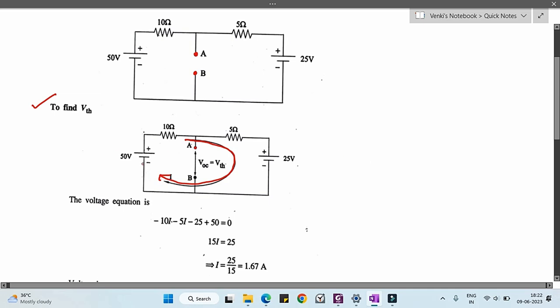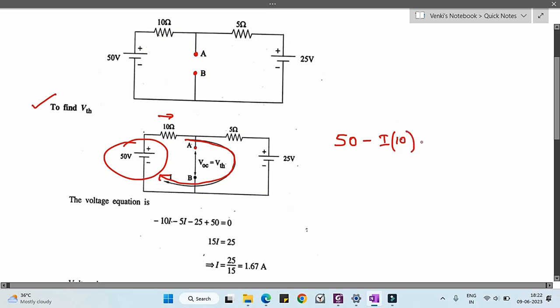First of all, the current is entering this voltage source at the minus terminal, so the voltage will be plus 50. Then the voltage across this resistance will be I into R. What is the R?